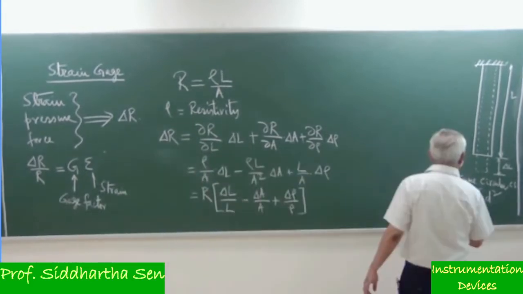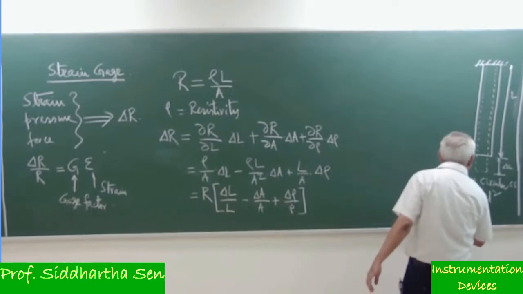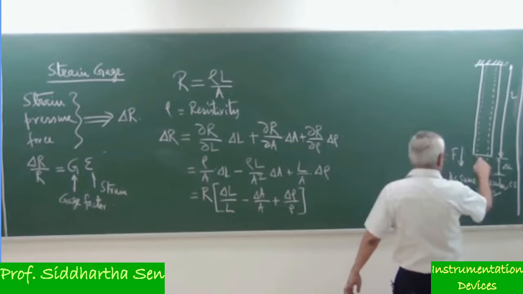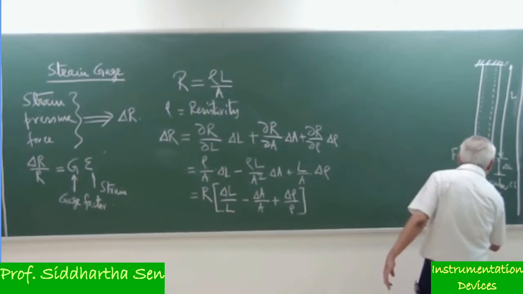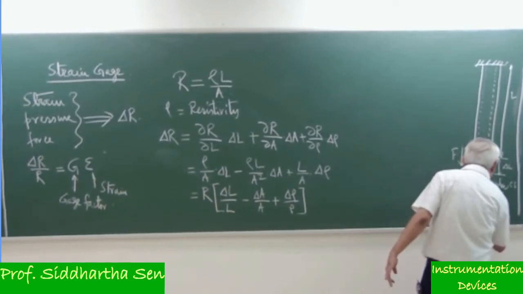In the same way, delta A, that is del A by del D, is nothing but pi by 2 into D into delta D.